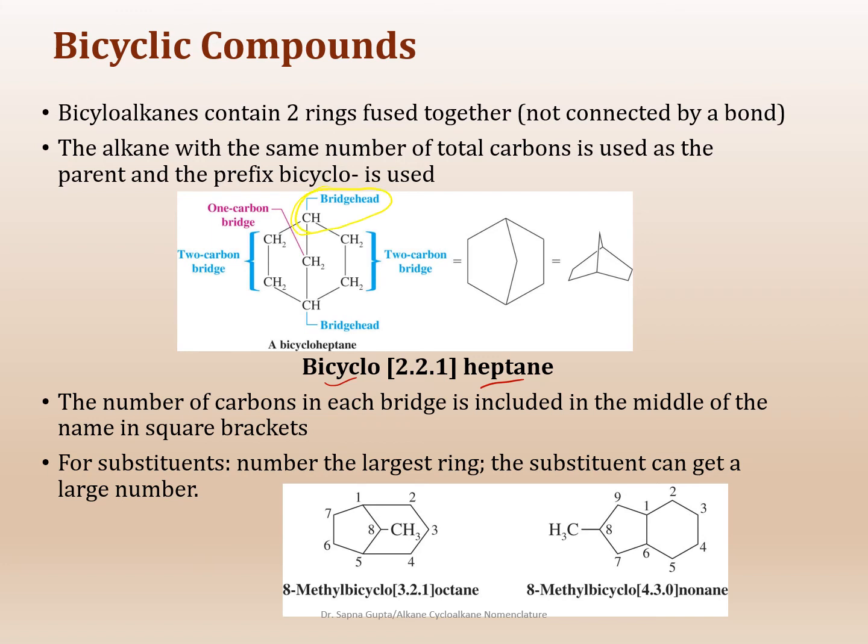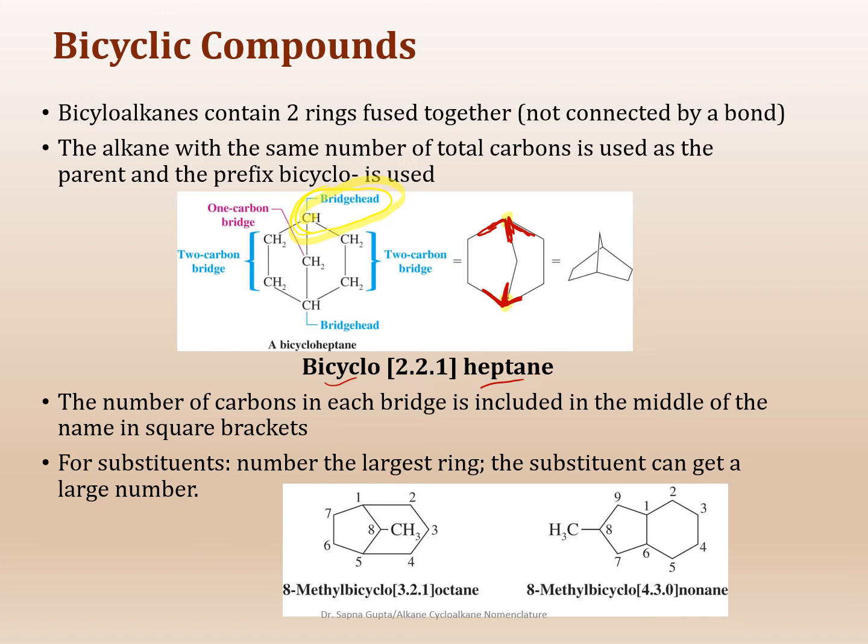The bridgehead carbons are going to be these corners, and these corners, they have 3 bonds coming out of them. So if you see 3 bonds coming out of any carbon, that means it's going to be a bridgehead carbon. So here, 3 bonds coming out of it. That's a bridgehead carbon. So usually in bicyclic compounds, you're going to have 2 bridgehead carbons.